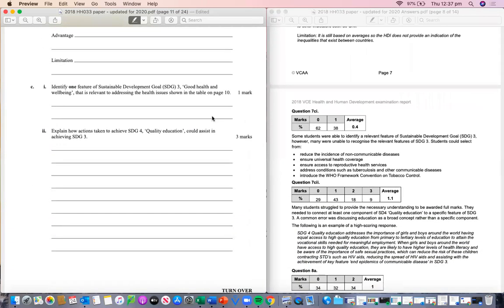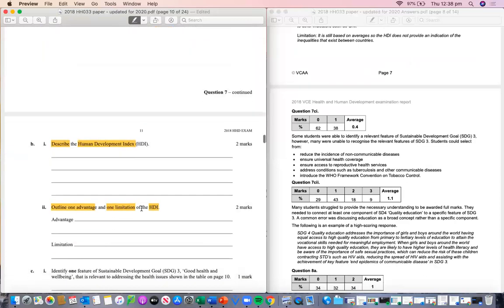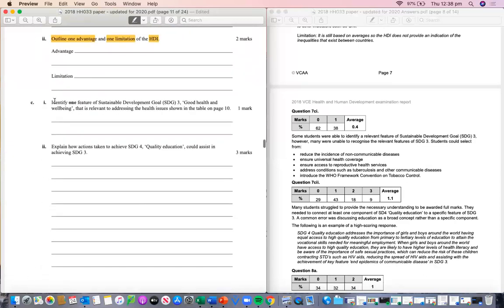Question C. Identify one feature of Sustainable Development Goal 3, good health and well-being, that is relevant to addressing the health issues shown in the table on page 10. So you're referring back to the table to answer this question, for 1 mark.